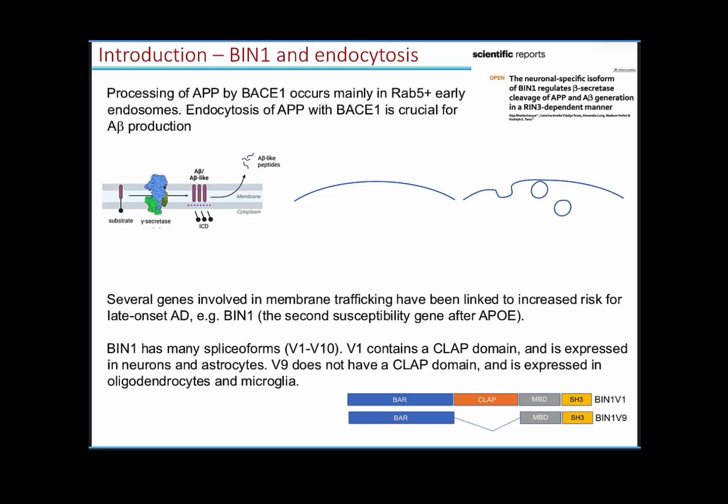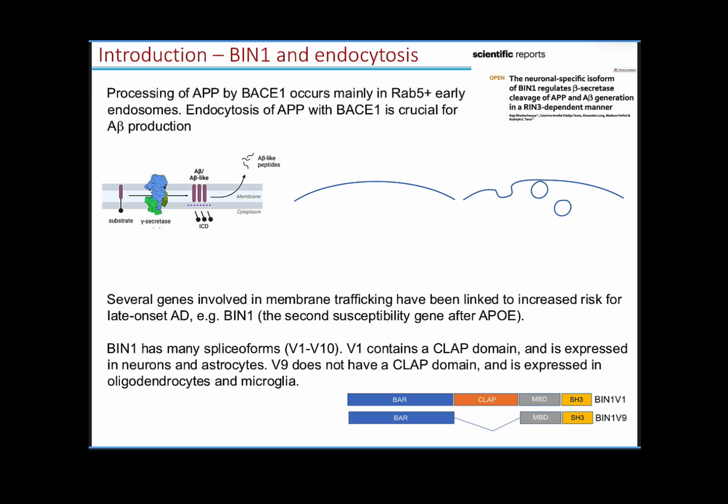So let me take a step back now and mention that in the intro, the authors explain how APP is processed by BACE1. BACE1 is really another name for the beta secretase, one of those original secretases that will cleave APP first to generate an intermediate that then gets further processed by gamma secretase into A beta peptides. BACE1 will cleave APP mainly inside of Rab5 positive early endosomes.